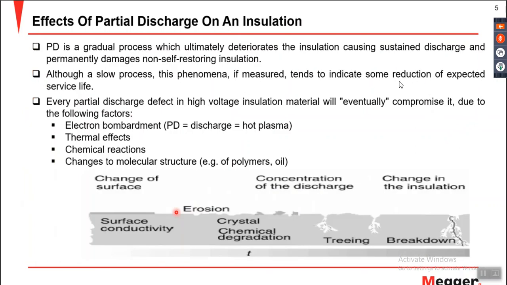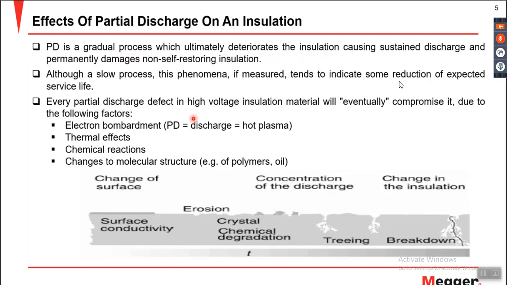Now we understand what exactly partial discharge is, that it is a localized discharge which partially bridges the insulation, but how can it affect the insulation and what exactly does it do to the insulation material? So when there is any PD already in any gas insulated switchgear, it is a gradual process which ultimately deteriorates the insulation, causing sustained discharges and permanently damaging the non-self-restoring insulation.